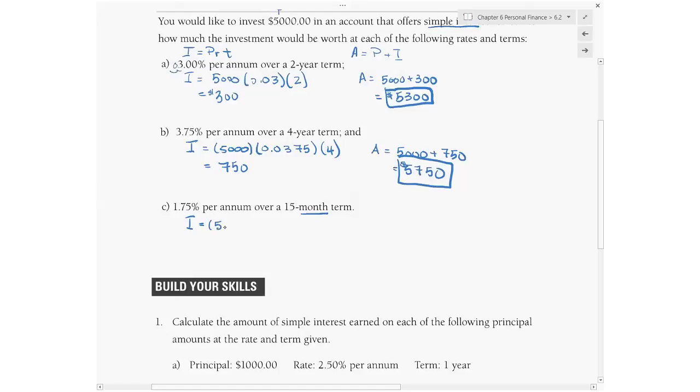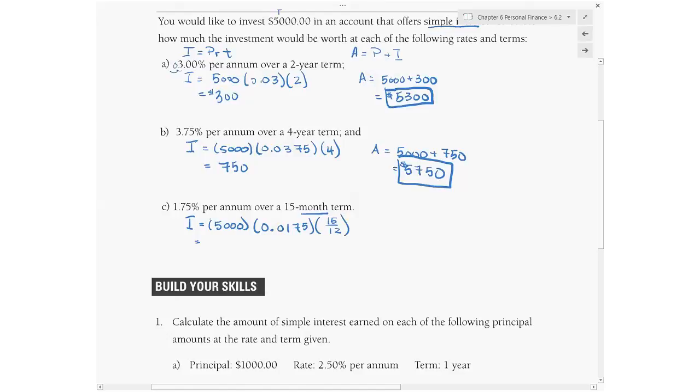So it's still $5,000 for the principal. Our interest rate is 0.0175, and for the months, we can just say it's 15 divided by 12. You could do 15 divided by 12 and put it in there, but then we might be rounding, so we may as well just leave it like that.